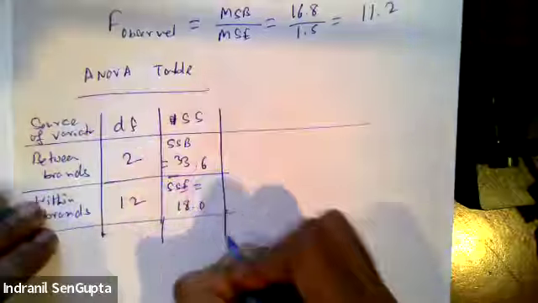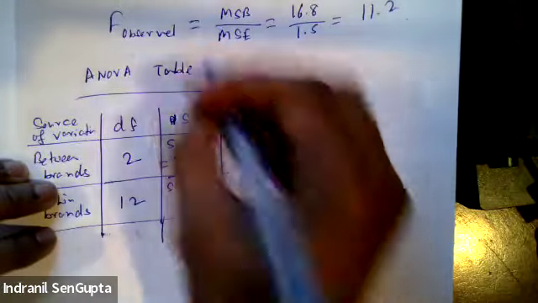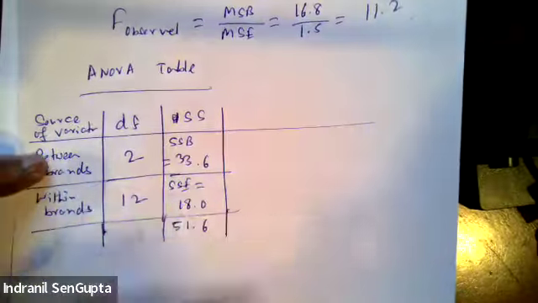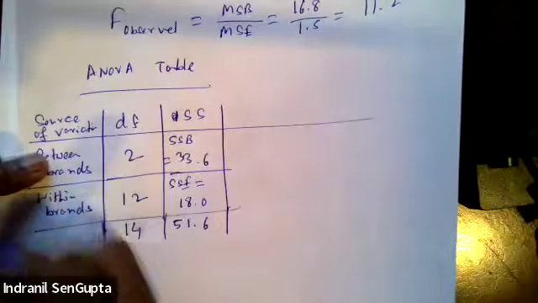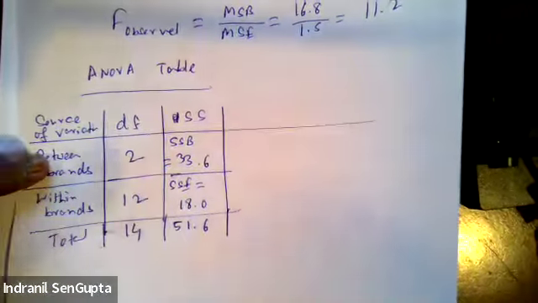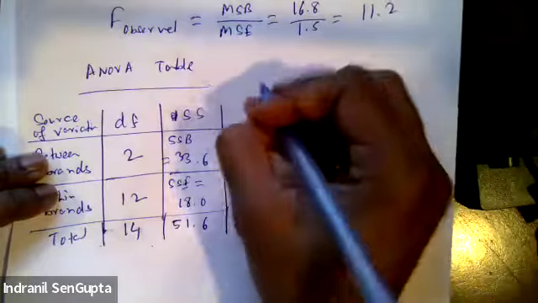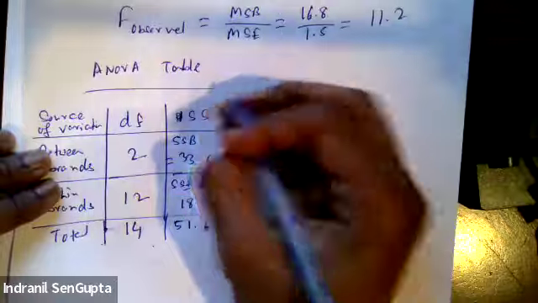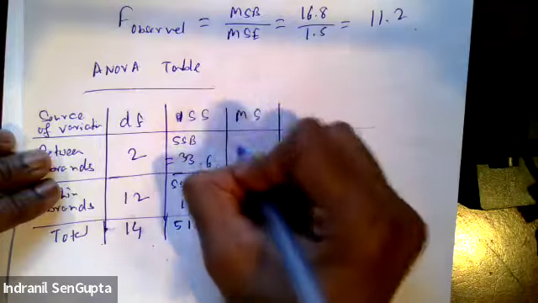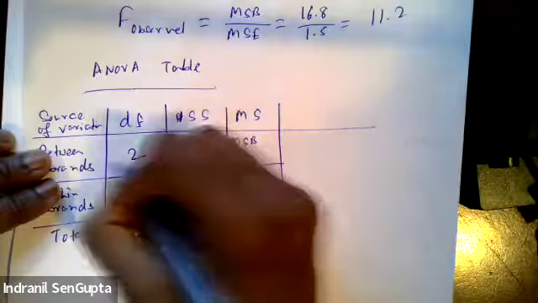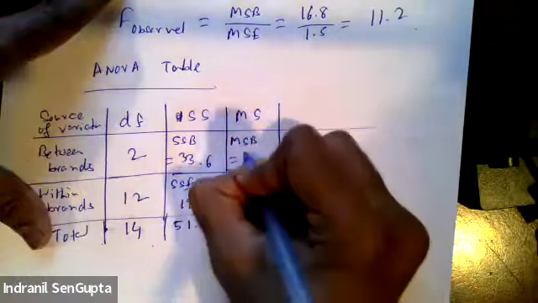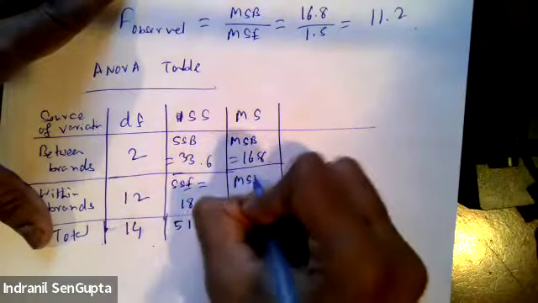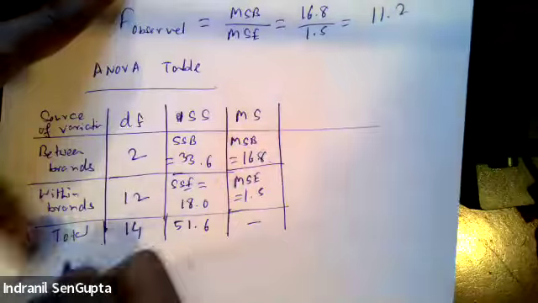So the total SS is 51.6. Then we have the MS. The first one is MSB, which is SSB over the degrees of freedom, which is 16.8. This is 1.5, MSE. We don't write the last number here.